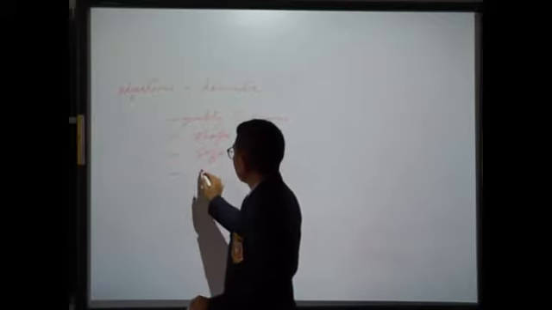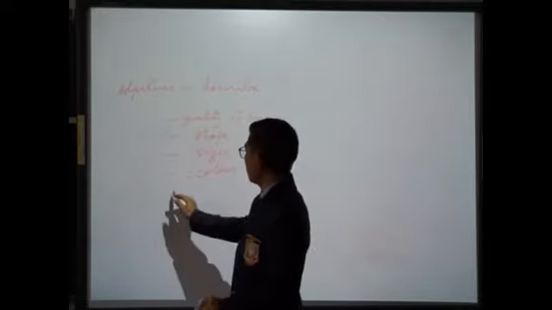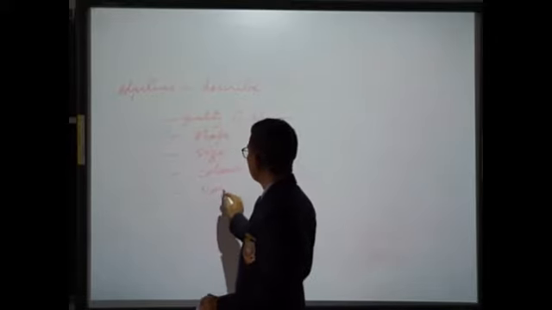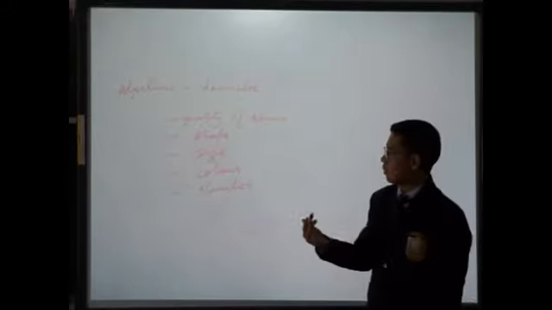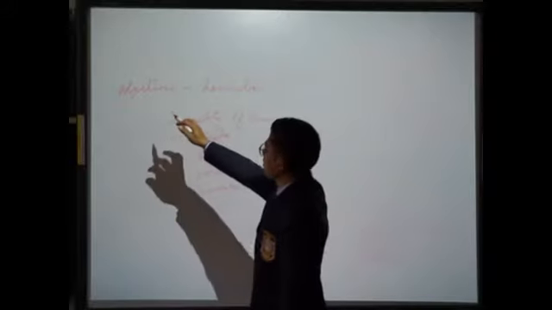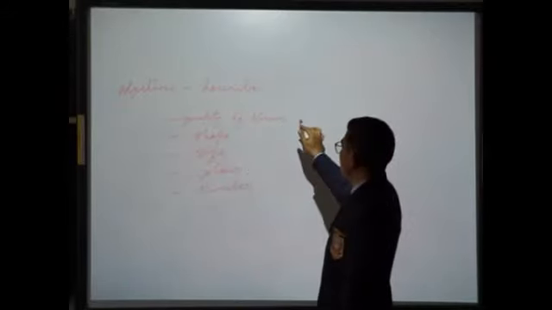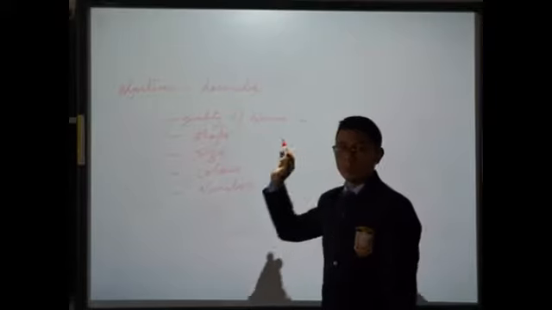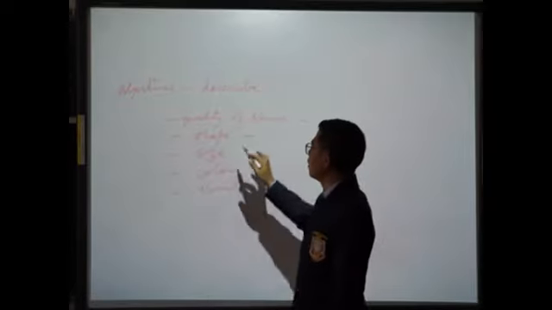And it also describes color, isn't it? And number: 1, 2, 3. Cardinal or ordinal numbers we have learned. So adjectives describe the quality of nouns. We have learned smart girl. Shape: round apple.